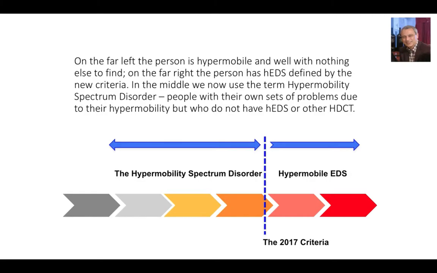So that's where the new terminology, which is the hypermobility spectrum disorder, came to light. And I want to say here, again, hypermobile EDS or hypermobility spectrum disorder doesn't mean one is more severe than the other, or more significant than the other. It's just something different.